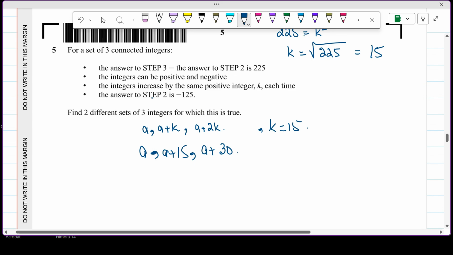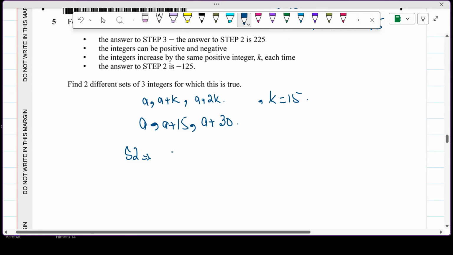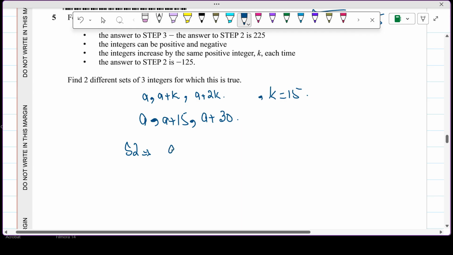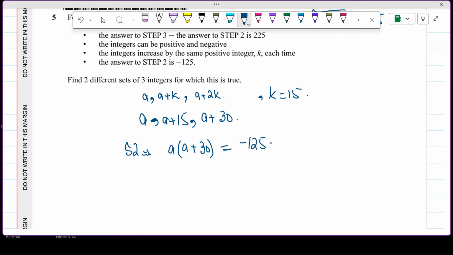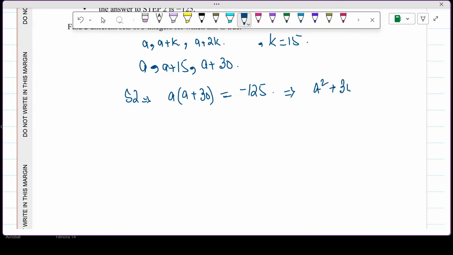Now it is given that the answer to step 2 is negative 125, and we know that in step 2 we multiply the first and last integers. So the first and last integers are a times a plus 30, and the answer to step 2, which is given, is negative 125. Okay, now we can solve this. A times a is a squared, and a times 30 is 30a.